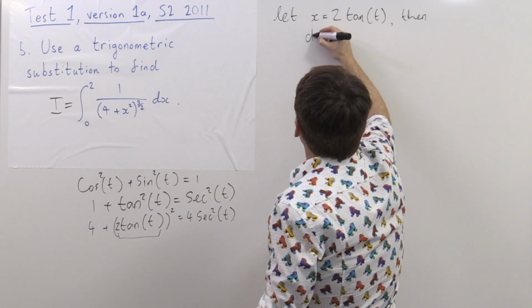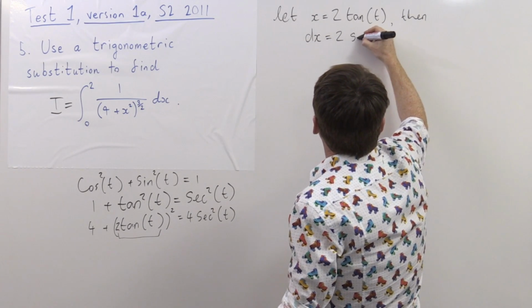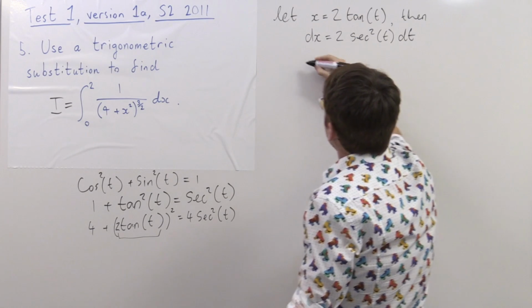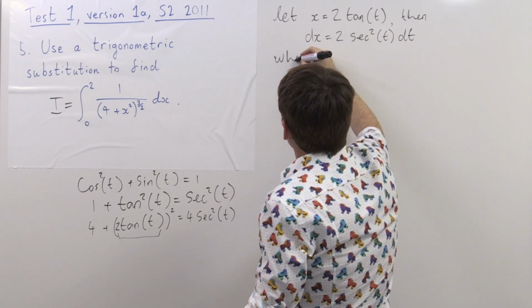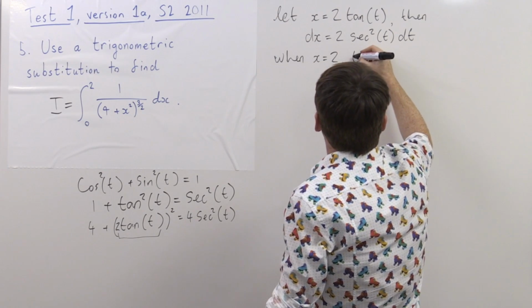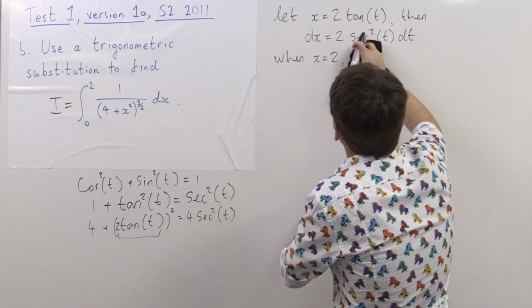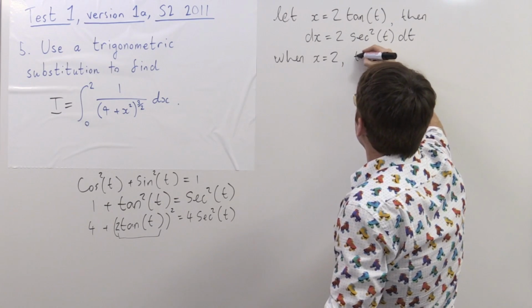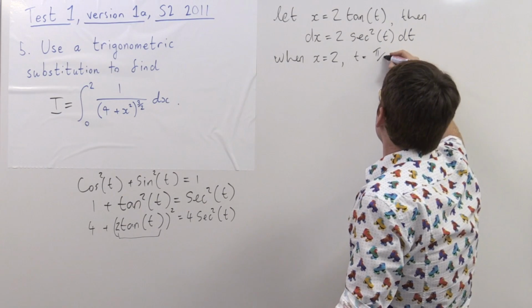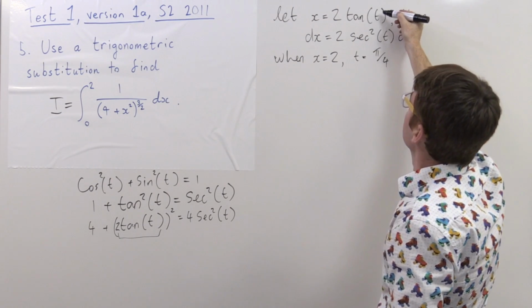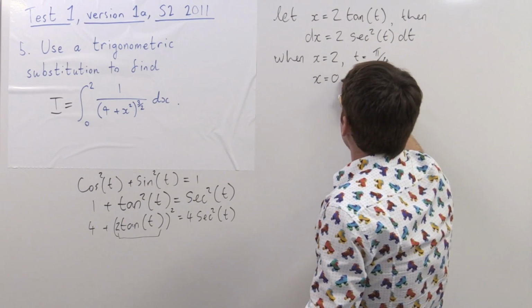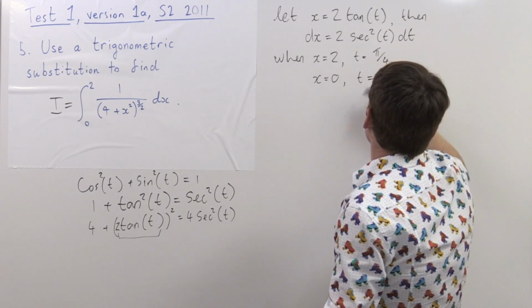Then dx is equal to 2 sec squared t dt, and when x is equal to 2, that means that t has to be equal to pi on 4. So when t is equal to pi on 4, this is 1 and that's 2, so x is 2. When x is equal to 0, t is equal to 0.